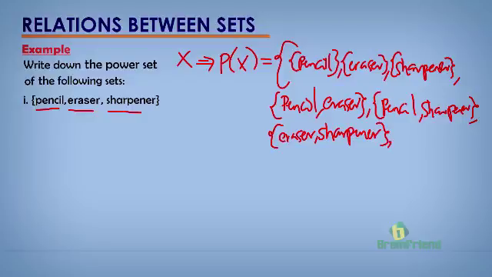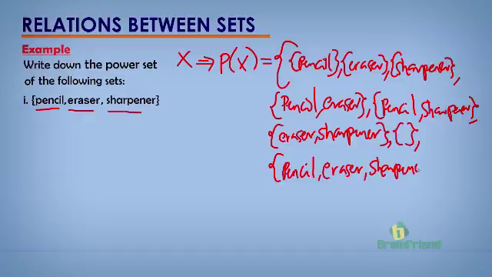We would also have, like we learned, our empty set or our null set, and we'll have a set of itself, that is a set that contains all our given elements. And this is our power set. In total, we have 8 subsets in our power set.